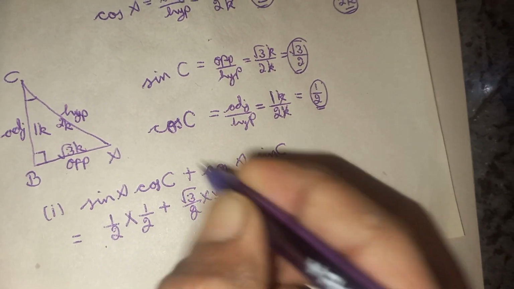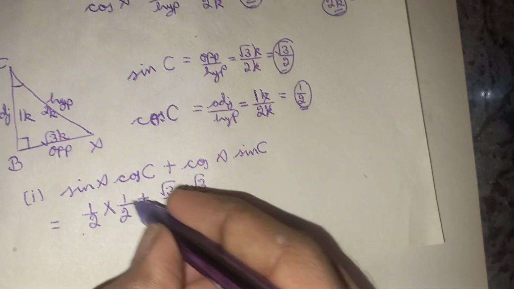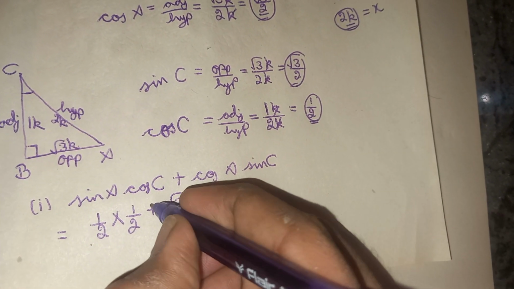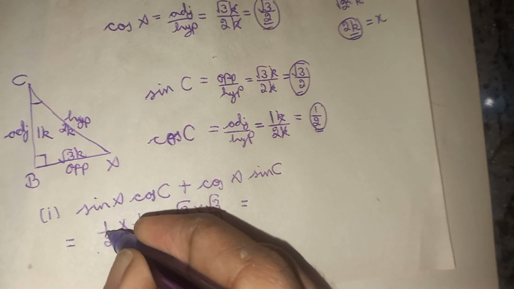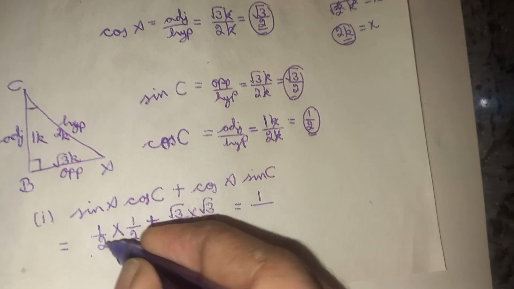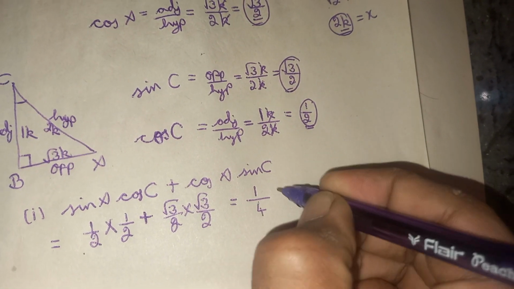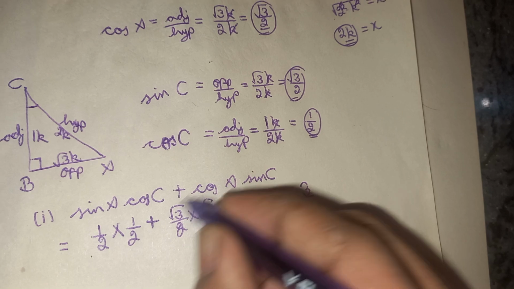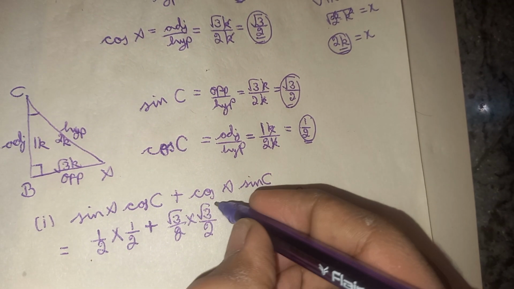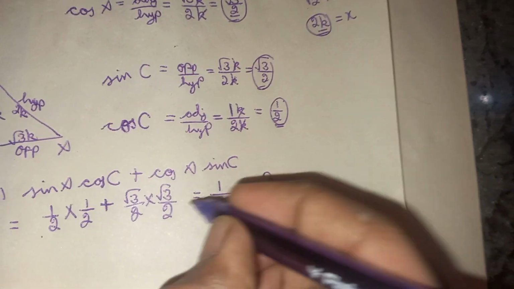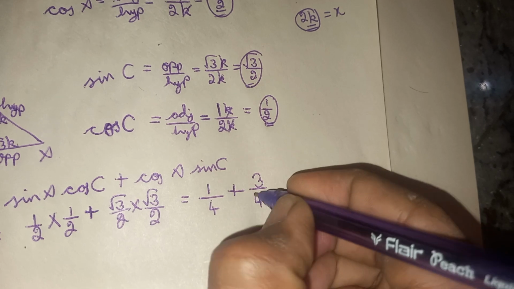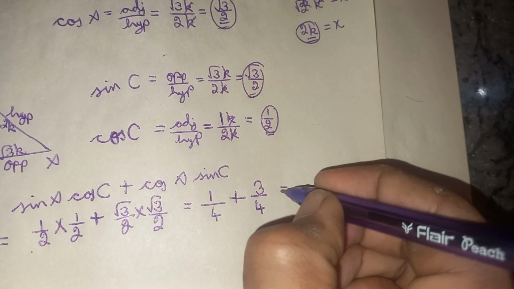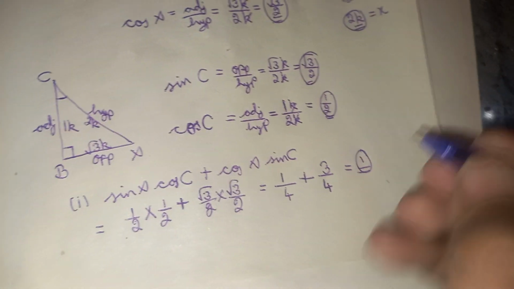Multiply first, then add, following the PEMDAS rule. The numerator is 1 times 1, 1, and the denominator 2 times 2, 4, plus root 3 squared over 4, where the root and square cancel out, giving 3 by 4. 1 by 4 plus 3 by 4 becomes a complete 1.